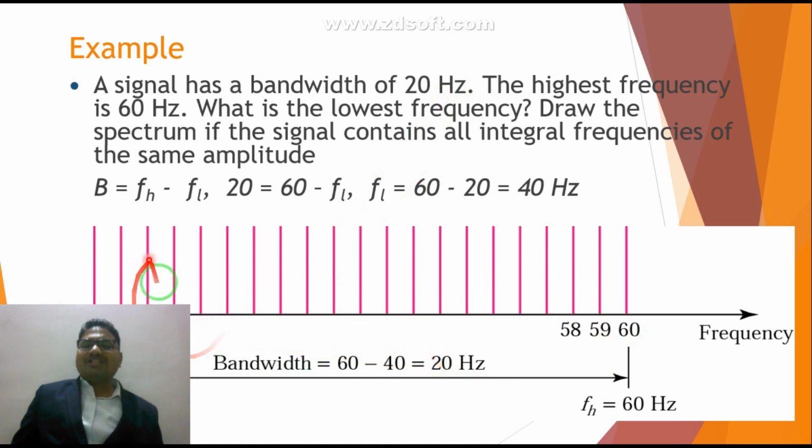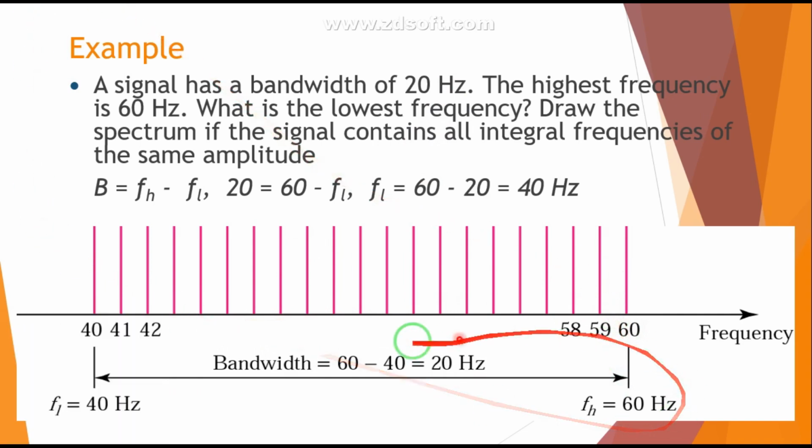So you can plot the spectrum, that is 40, 41, 42 up to 60 hertz. You can see this diagram carefully, how we have plotted the spectrum. If you have the lower frequency component and the higher frequency component, then bandwidth is equal to highest minus lowest, that is 60 minus 40, 20 hertz.